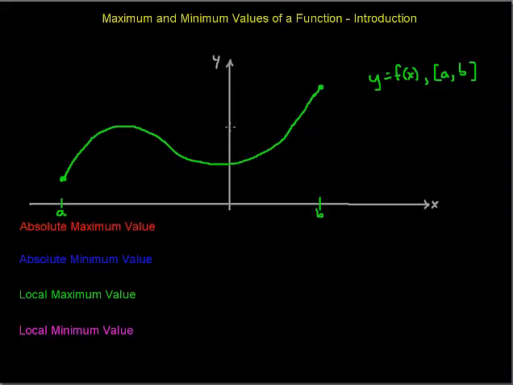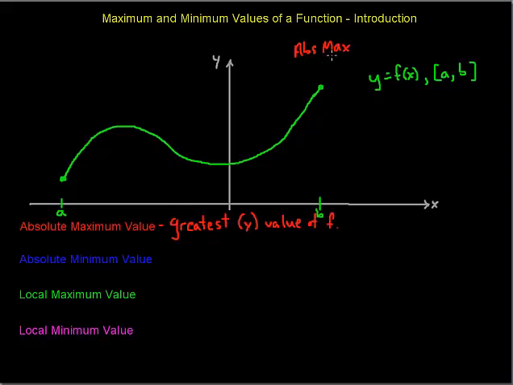We're interested in finding the absolute maximum value of this function. All we mean by the absolute max value of the function is we're looking for the greatest y value of function f. We notice that the absolute max occurs here at the highest point of the curve.